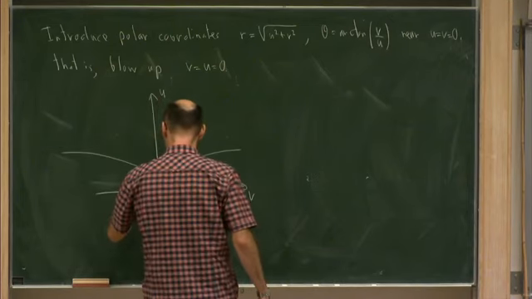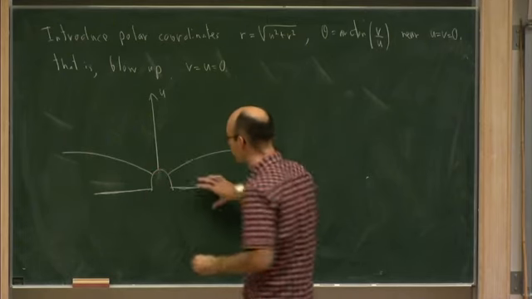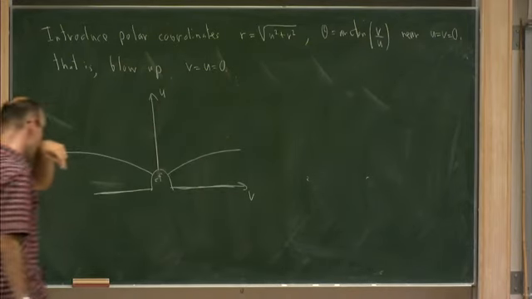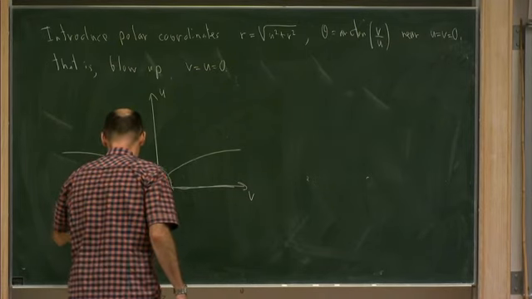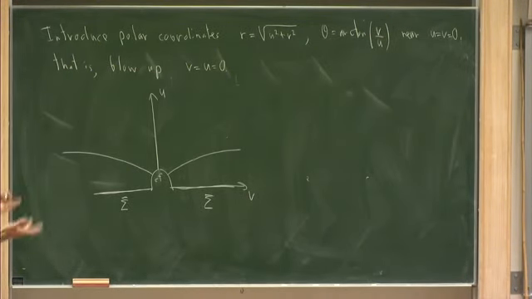So maybe I'll call this region u equal to 0 away from this front face, this I'll call the cusp face, sigma bar.